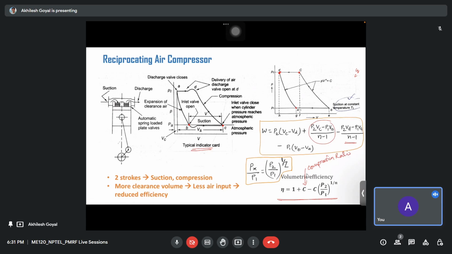So now from this volumetric efficiency formula, you can see that if the pressure ratio P2 by P1 is higher, this whole negative term will be higher, meaning the volumetric efficiency will be less.